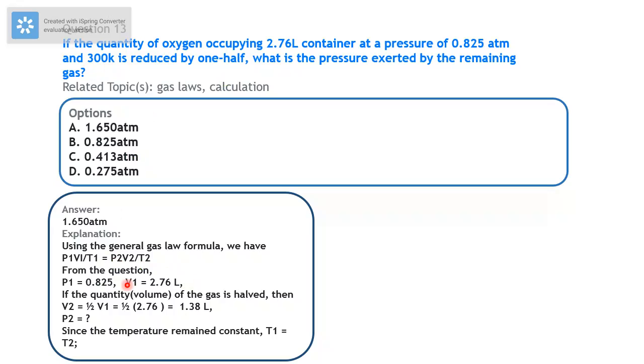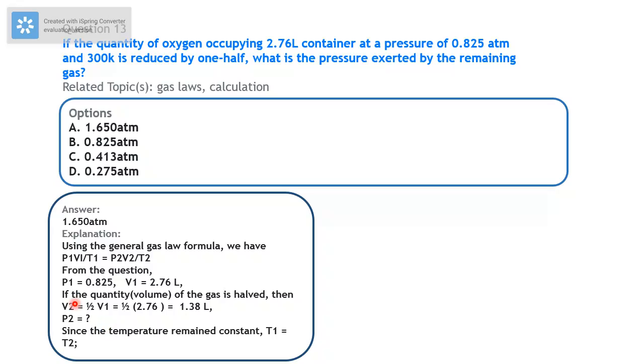Your P1, V1, T1 are the initial values of pressure, volume, and temperature, while the others are the final values. The initial values for that oxygen are: pressure 0.825 atm, volume 2.76 liters, and temperature 300 Kelvin.